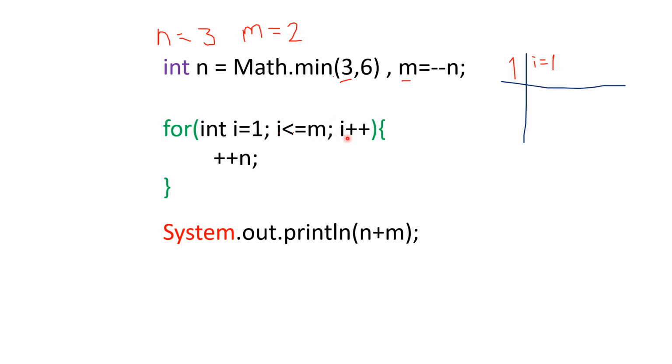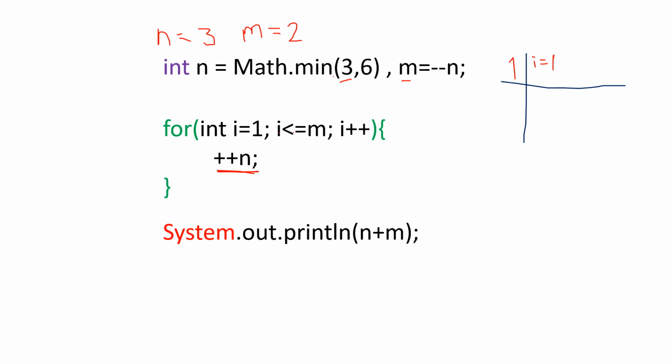Then it will move on to this i plus plus. Now remember, this is a postfix operator. Its effect will not take place until i is called once again after this statement, that is in the next iteration. So in this case, i will remain as 1. And since we also have m here, but its value is not changing, we won't mention it. So then we have plus plus n. This is a prefix increment operator, so the value will increment before the execution of the statement.